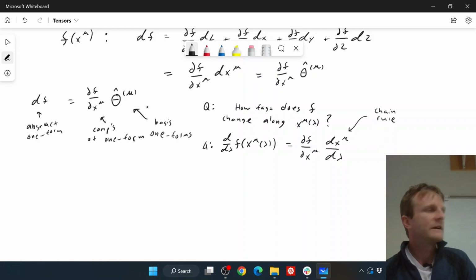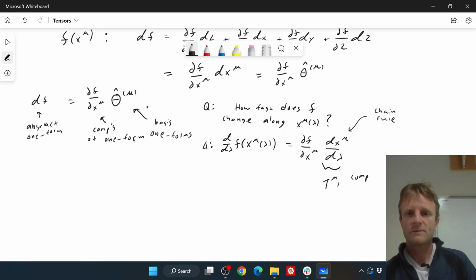Now let's see if people are making connections. This came up before. We gave this a name. Anyone remember this piece here? Sorry? V, yeah, it was the tangent vector. These were the components of the tangent vector. Now these we gave a name over here.